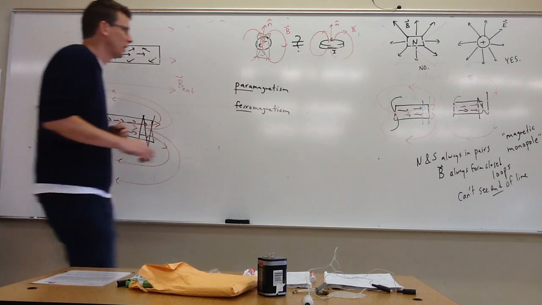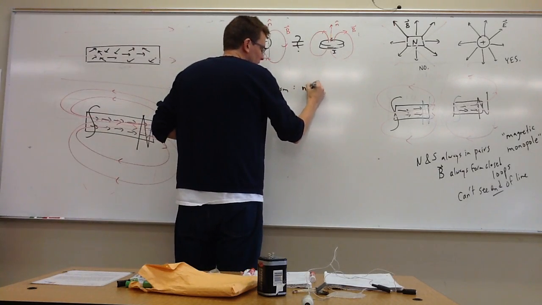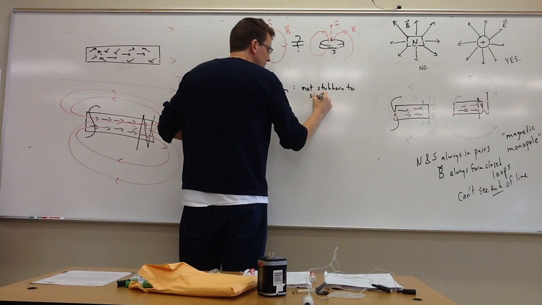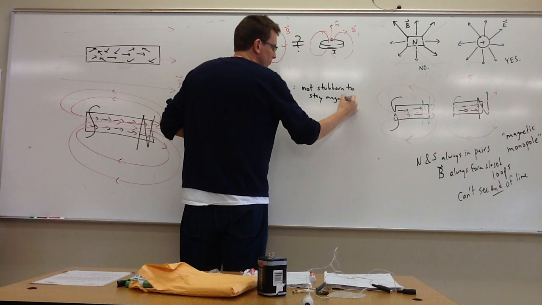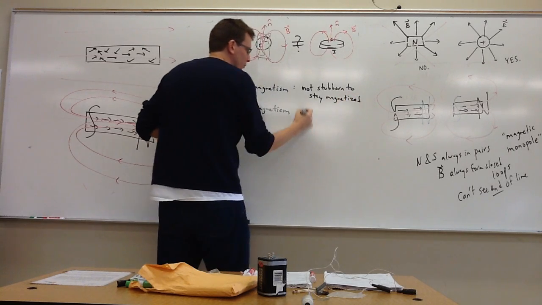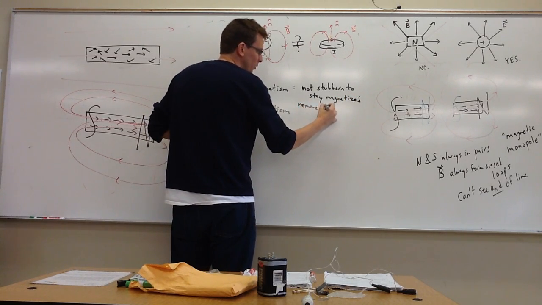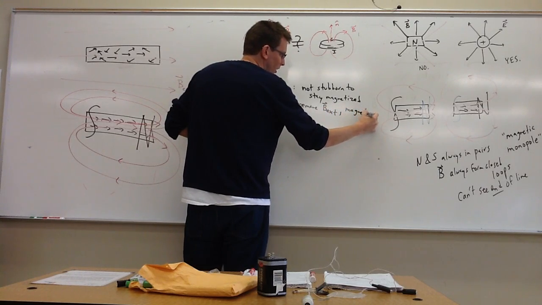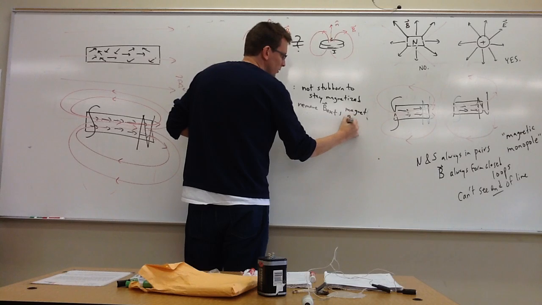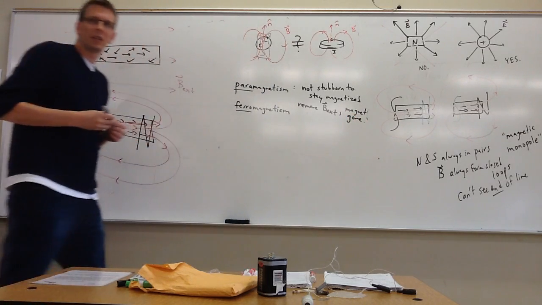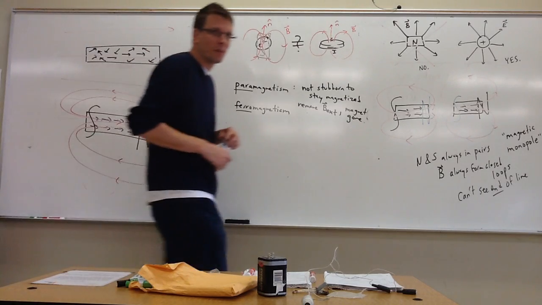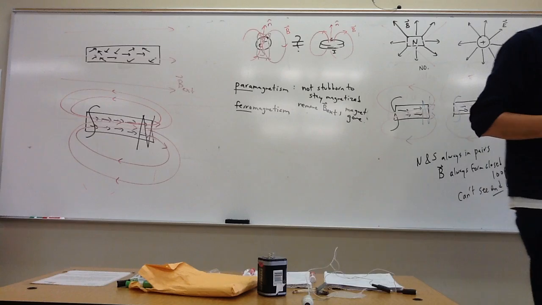Okay? So this is not very stubborn to stay magnetized. If you remove the B external, the magnetization is basically gone. They re-randomize very quickly. So that's not really of much use. In fact, this is not something that you really can even see in everyday life.